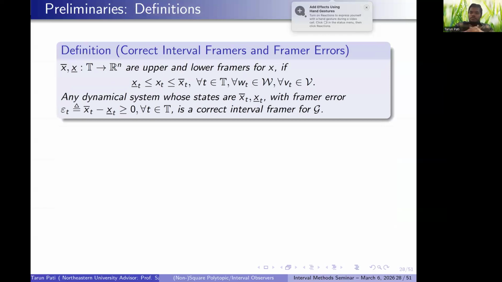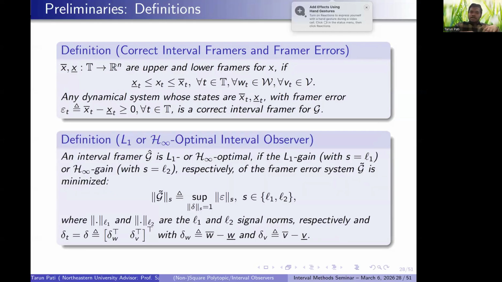So now that we have our preliminaries and the system description, we would like to present some important definitions. First one is the definition of correctness, which basically means, as I've said, the true state is always framed by the estimates. And the next definition is of stability, which is basically that the proposed observer is L1 or H infinity optimal.